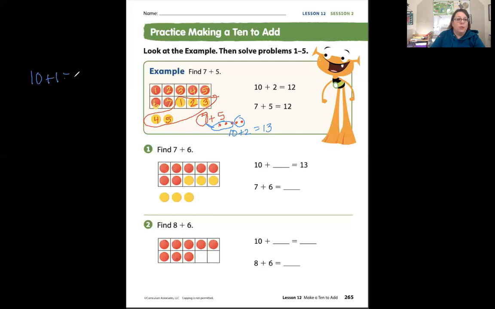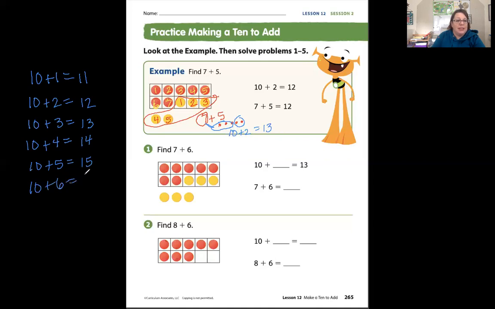10 plus 1 equals 11. 10 plus 2 equals 12. 10 plus 3 equals 13. 10 plus 4 equals 14. 10 plus 5 equals 15. 10 plus 6 equals 16. 10 plus 7 equals 17. 10 plus 8 equals 18. 10 plus 9 equals 19.